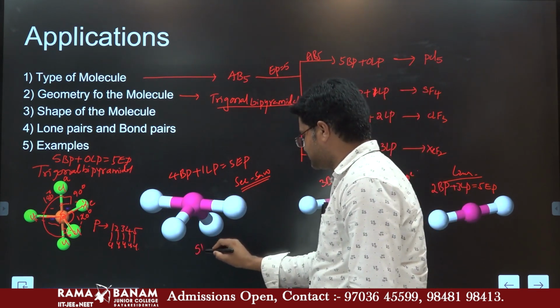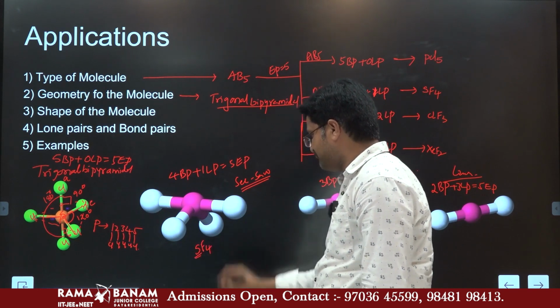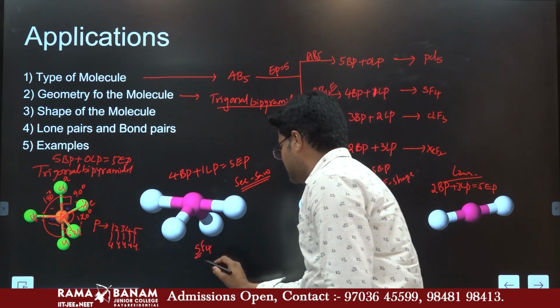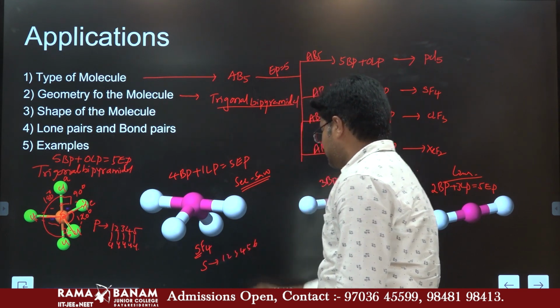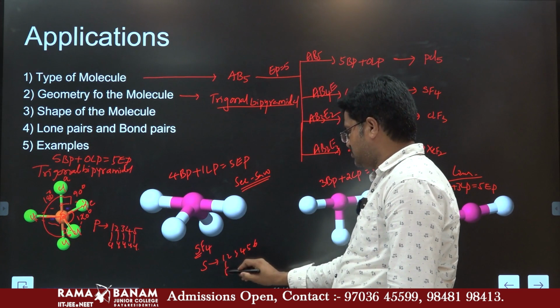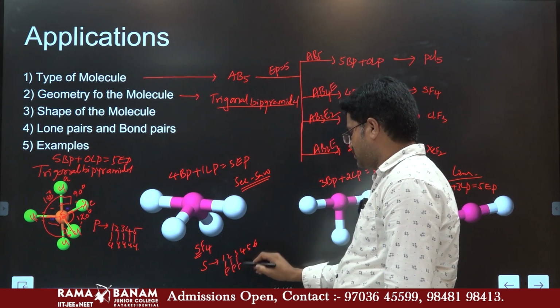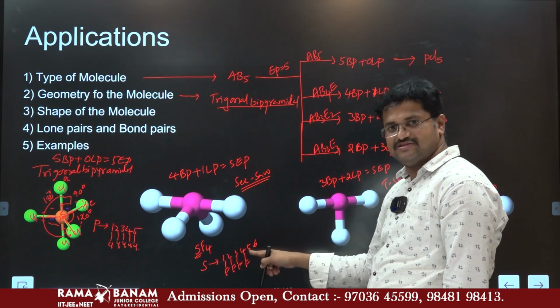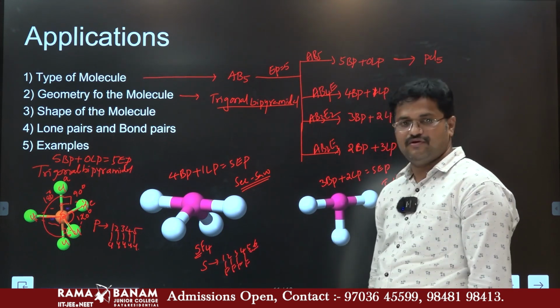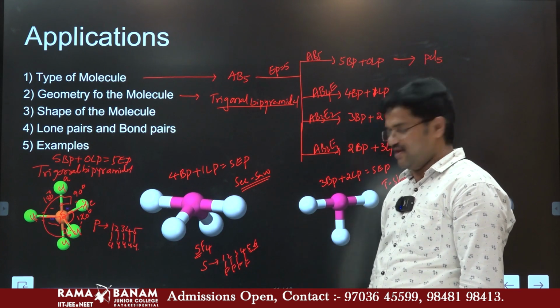Example is SF4. Here sulfur is a 6th group element, 6 electrons in valence shell. Fluorine forms single bonds, so 4 bond pairs and 1 lone pair.